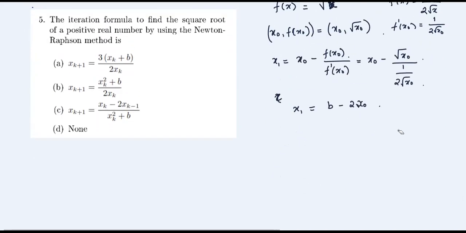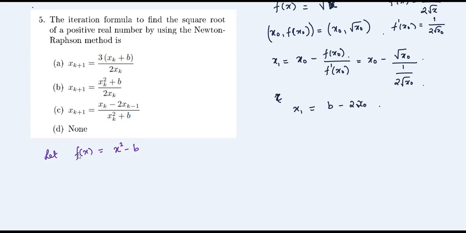See, the other way to do this is for a positive real number. Select f of x to be x square minus b, and x has to be a positive number.